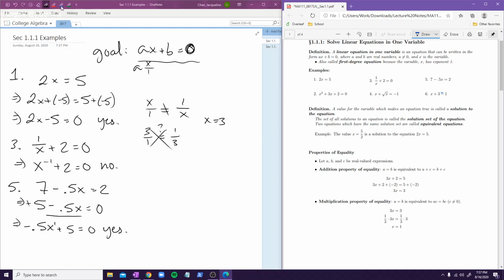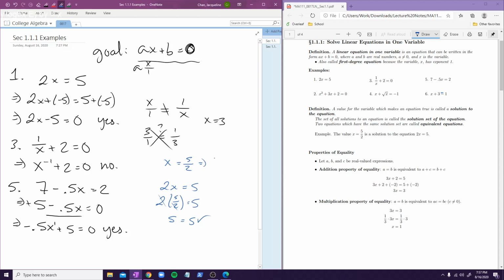If x is equal to 5/2, how do we know it's a solution? If I plug in 5/2 for x, these can cancel because there's a 2 on the numerator and denominator. This makes 1. 5 equals 5. So that's true.